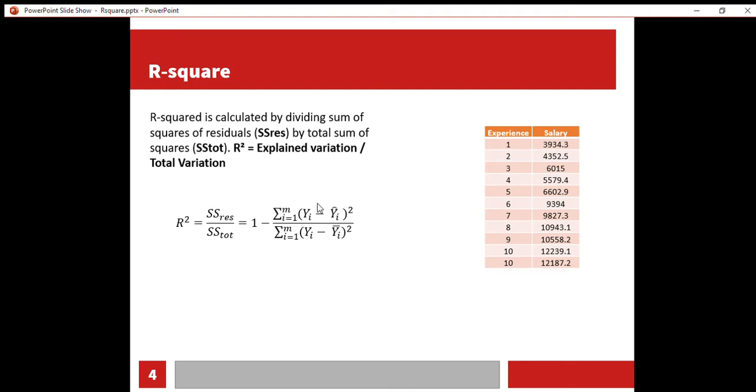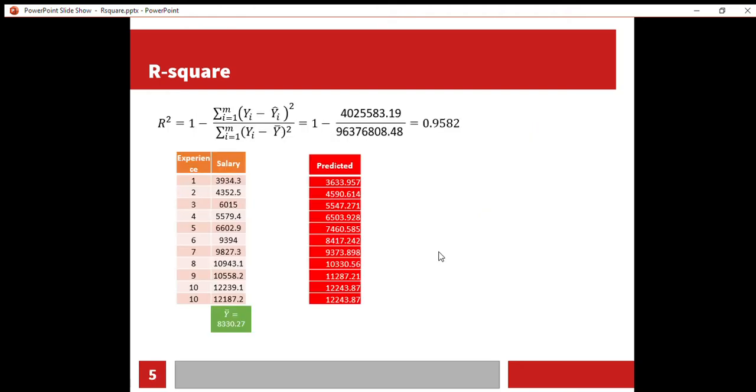In this formula y indicates our salary. So y i means y1, for example, minus what we predicted, squared, plus the next value. We'll see one example in the next slide.